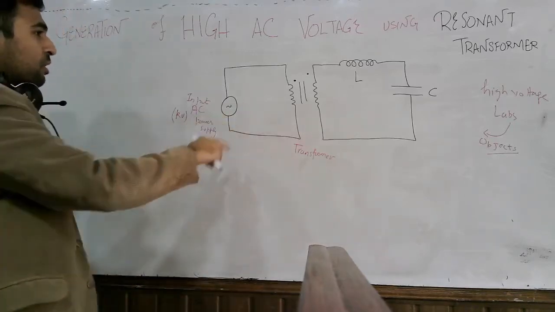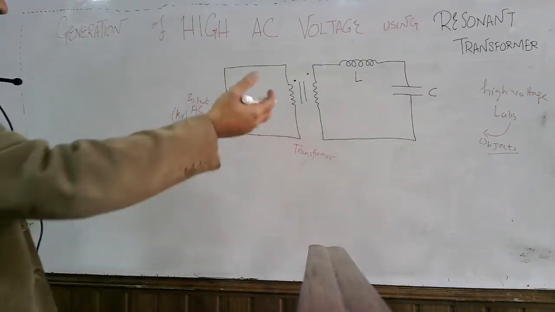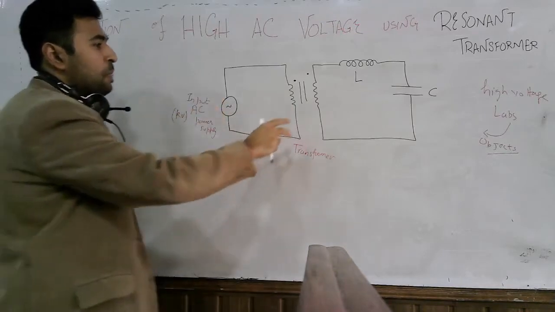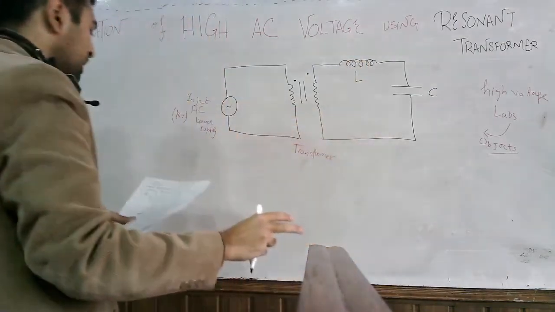First, let's look at the circuit diagram of our test bench or lab equipment. Here we have the input AC power supply. Here we have the transformer. Here we have the inductor.